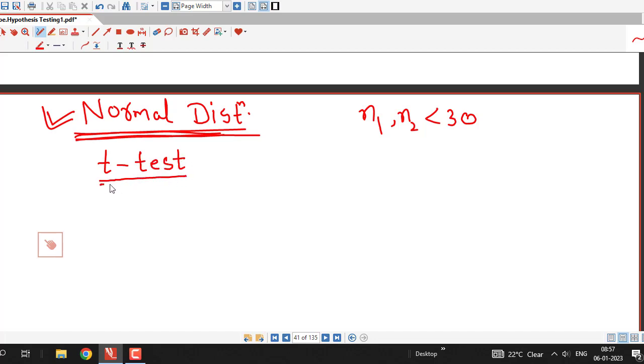Now for the two sample t test also we are considering two cases. First case is that the populations from which we are drawing samples have equal variances. If sigma 1 is the standard deviation of population 1 and sigma 2 is the standard deviation of population 2, then these are the variances of both the populations.